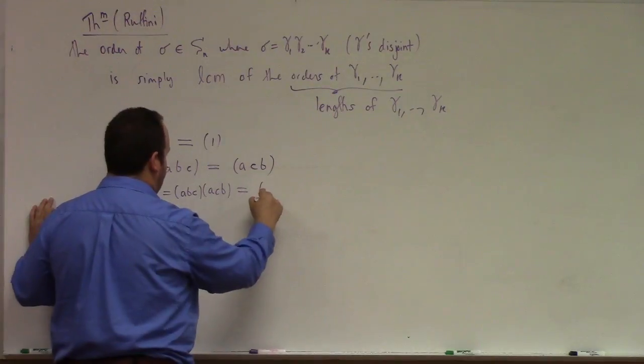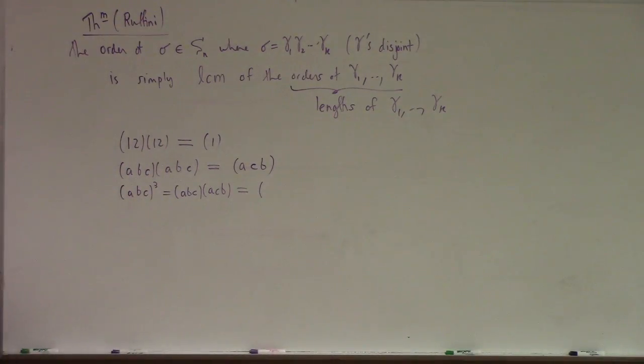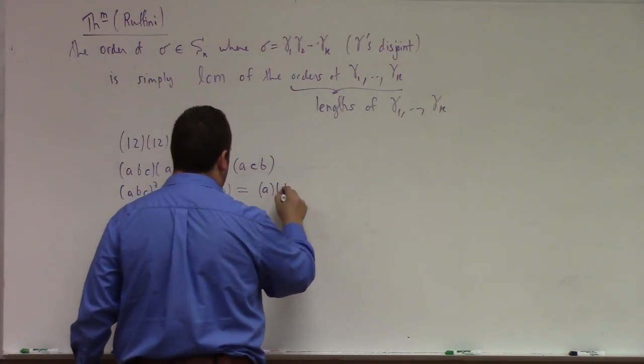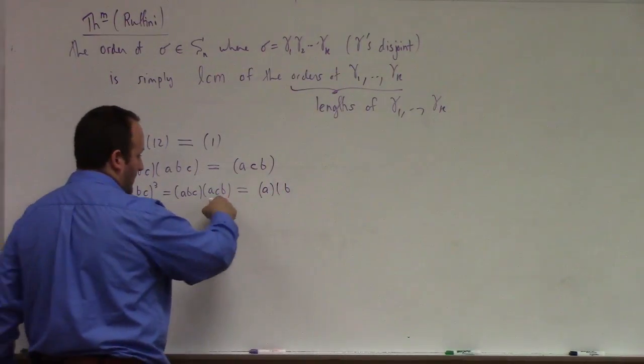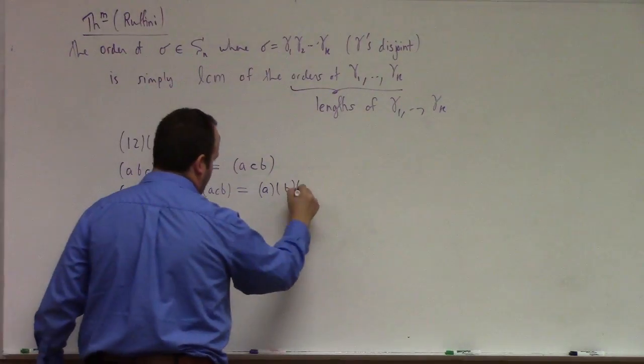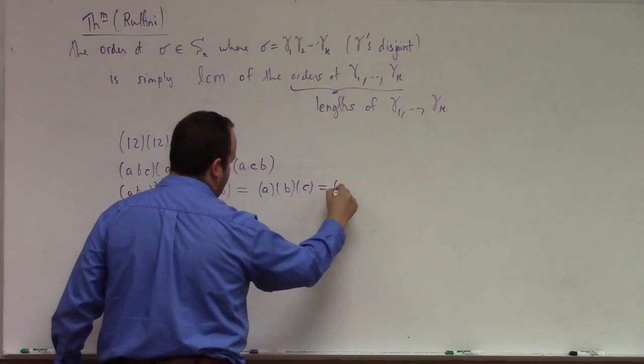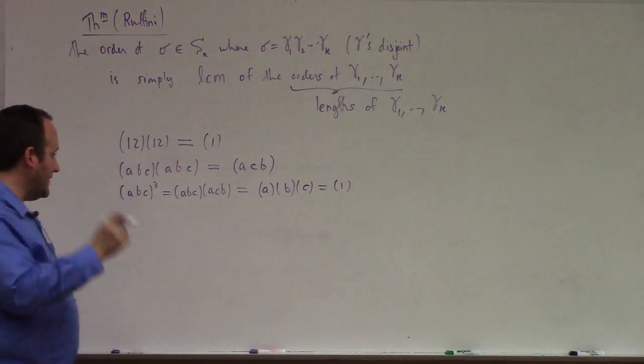What's that equal to? A goes to C goes to A. So A is its own island. B? In other words, it's the identity.